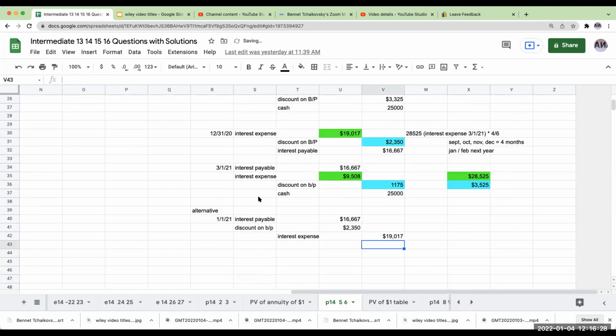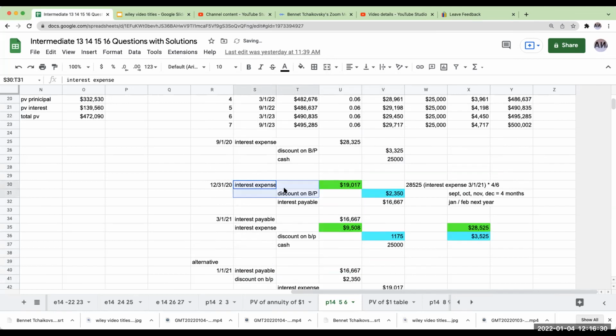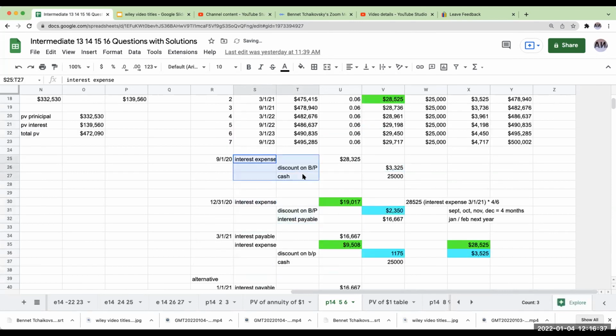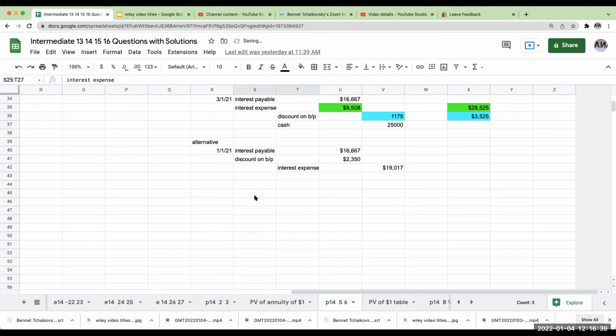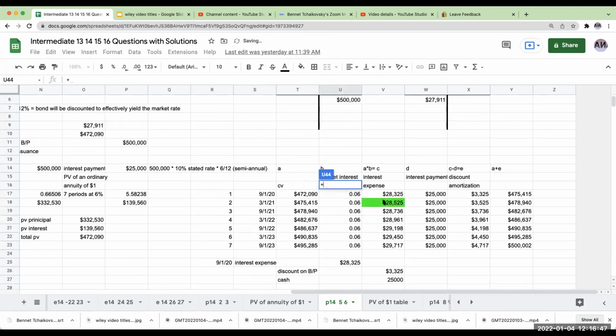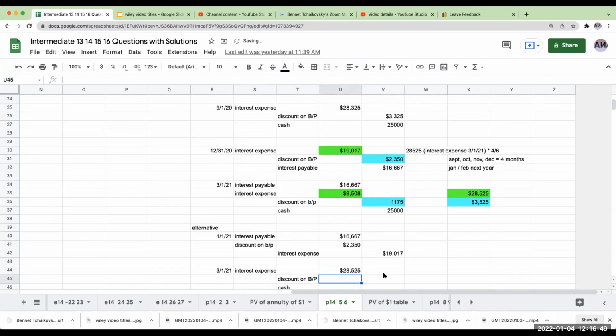And then for my normal journal entry, on 3/1/21, I would just record the interest expense of 28,525.